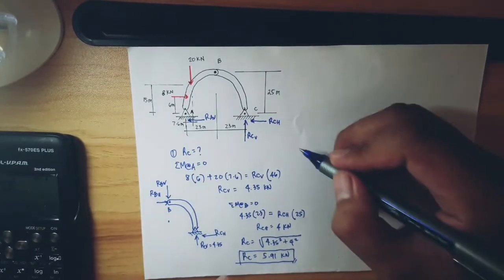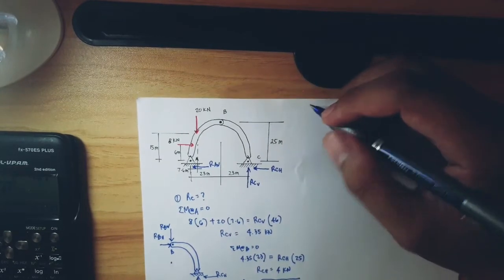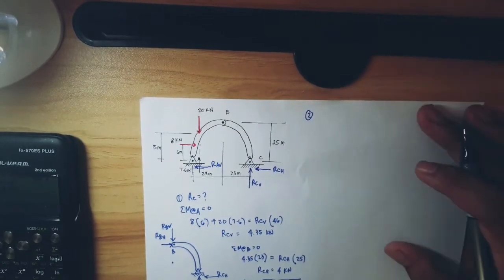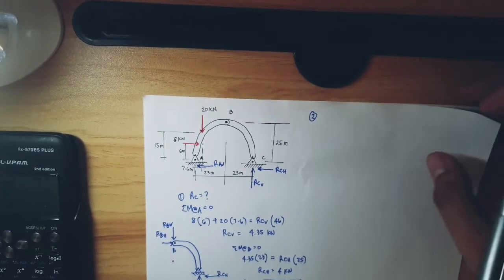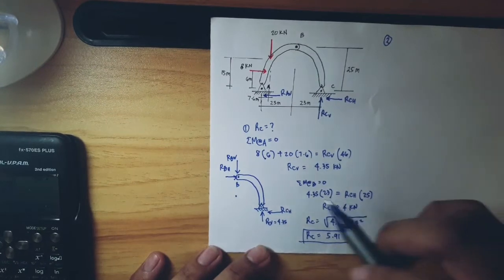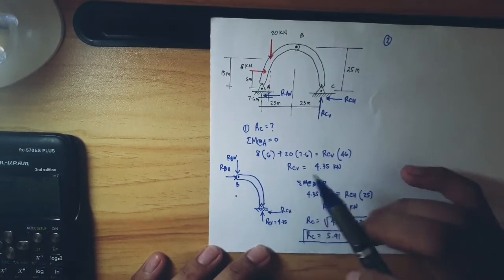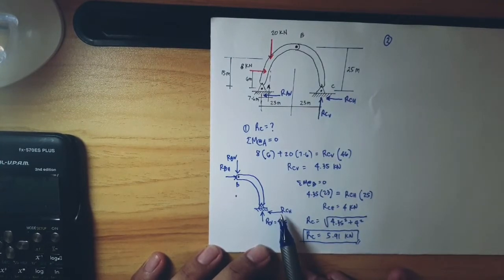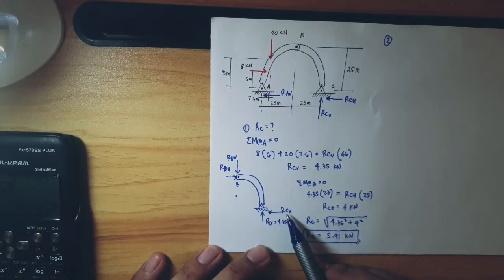For number 2, okay, ito dito. For number 2, we have to compute the reaction at B. Kung inyong tanawon, kung mag-summation ka og forces diri makonclude na to nga equal si RBH kang RCH.